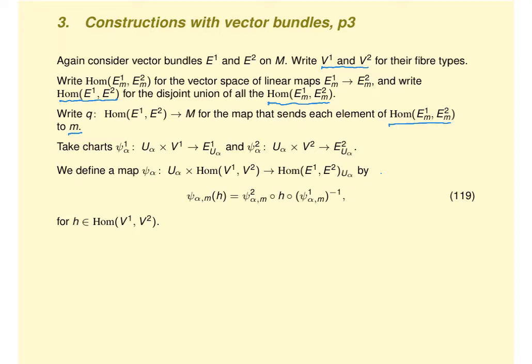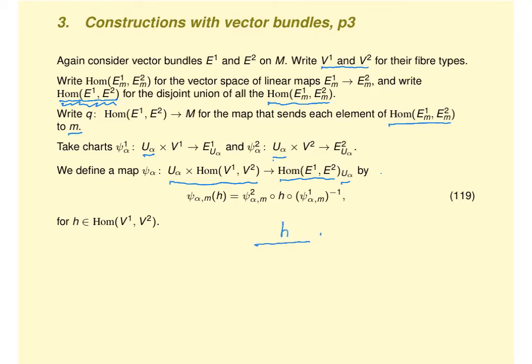So again, I need to define charts for this Hom, and I can assume that there are charts for E1 and E2 that are over the same open sets U alpha, just like in the preceding construction. And I need to define a map from U alpha cross Hom V1, V2, the fibre types, to Hom E1, E2 restricted to U alpha in the same way. And there's the formula, and I think it's reasonably straightforward.